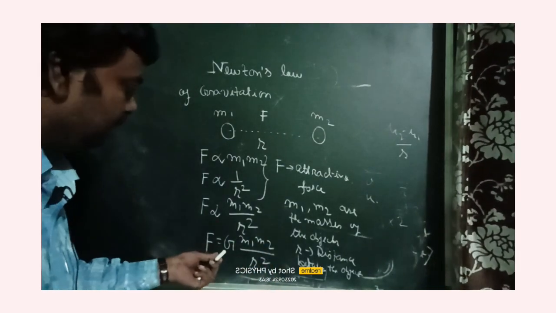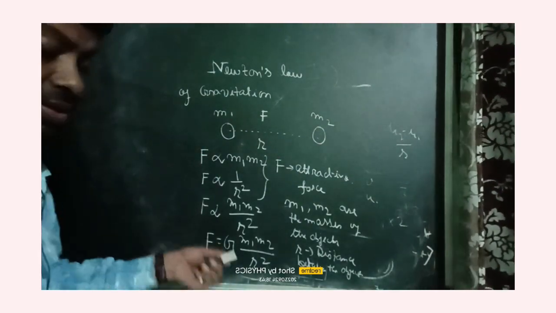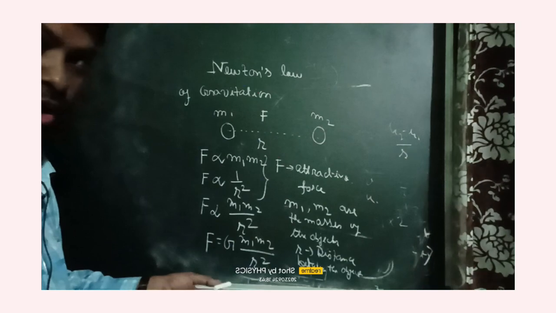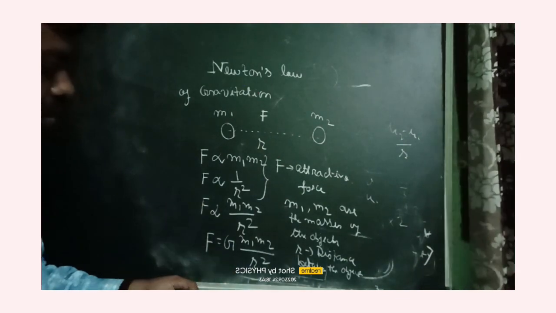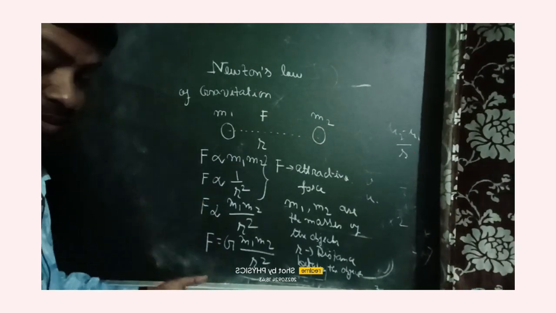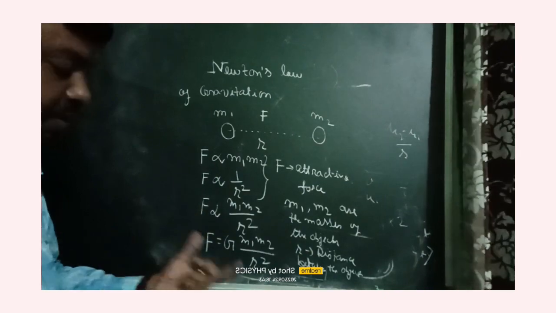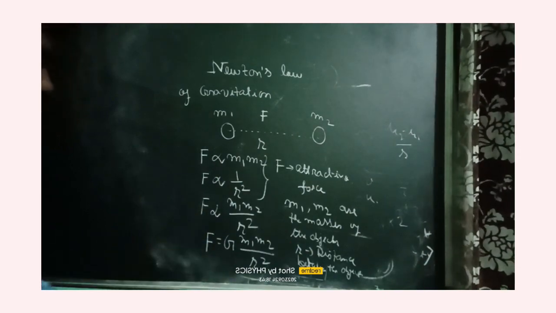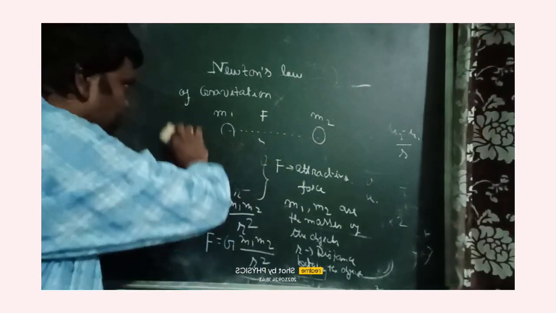The name of this capital G is the universal gravitational constant. Now here we want to find the unit and the dimension of the universal constant. How to find?